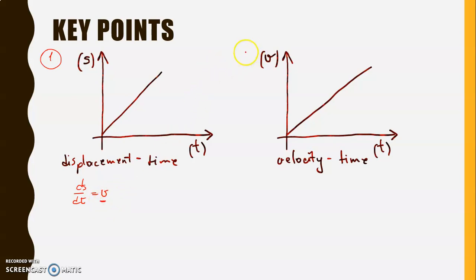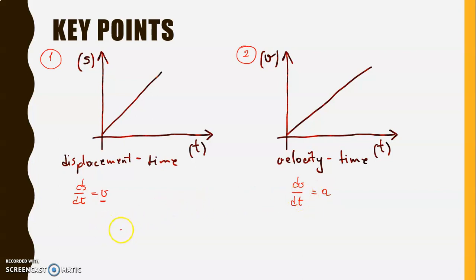Similarly, if we look at the second graph, a velocity time graph, and we want to work out the gradient of the line using differentiation, dv dt is the change in velocity with respect to time. But the change of velocity with respect to time is nothing less than acceleration.